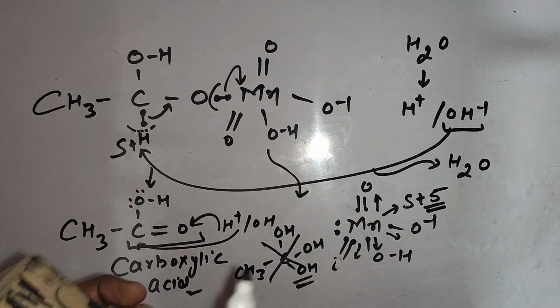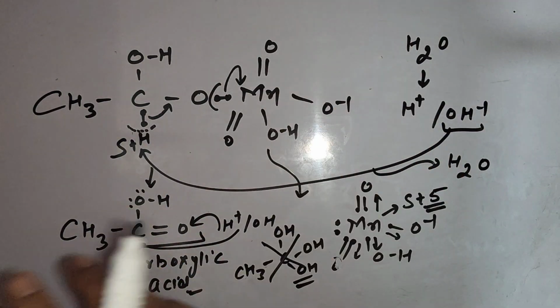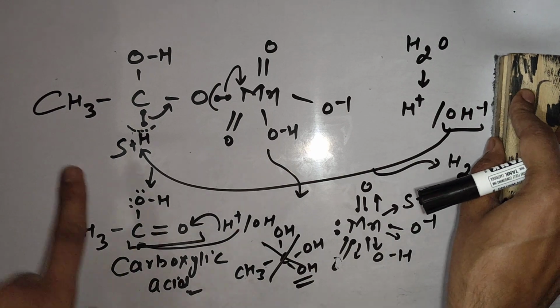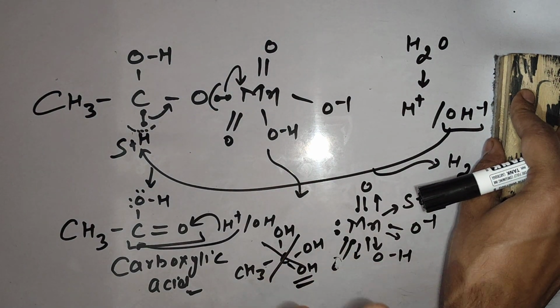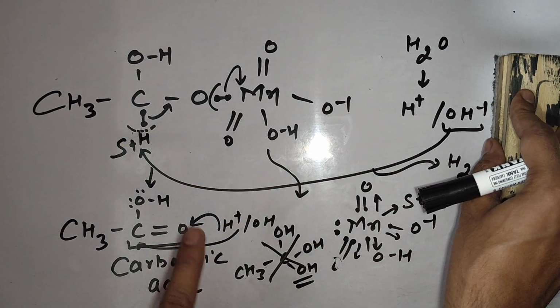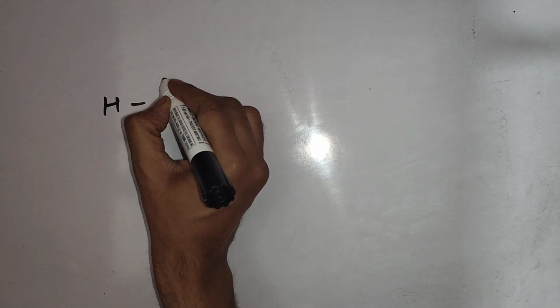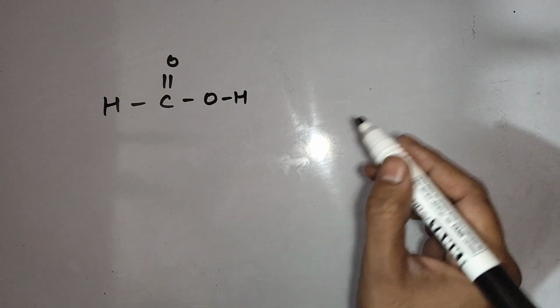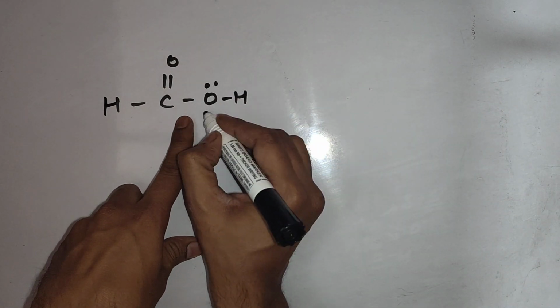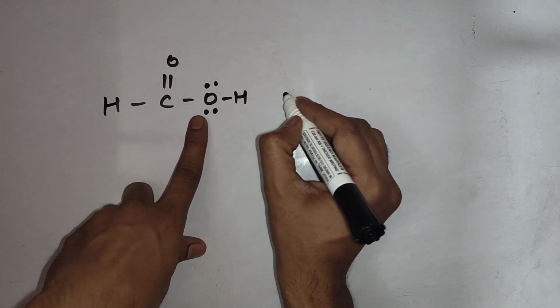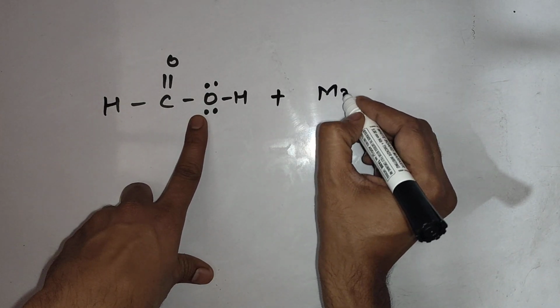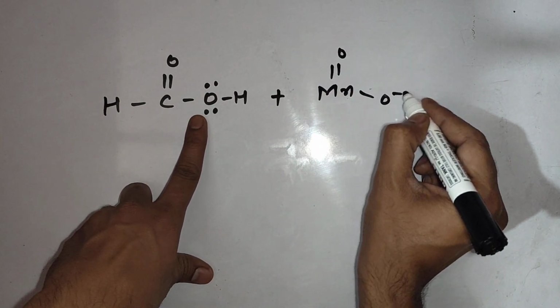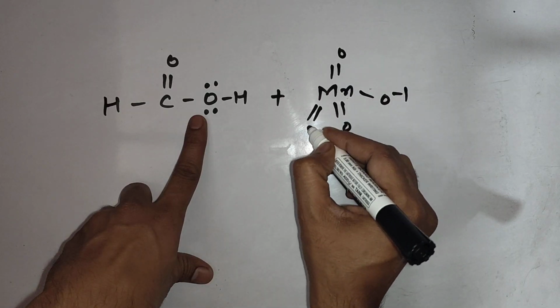But if carboxylic acid contains one carbon, this was the mechanism, please check. This is the end of the mechanism. I am dealing with one carbon containing carboxylic acid. It can oxidize. You can check. Same mechanism you can draw for it.